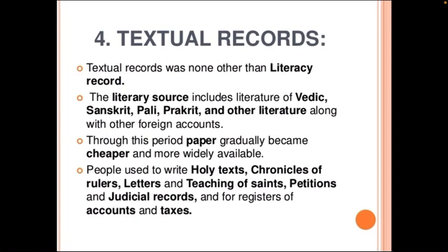Through this period, paper gradually became cheaper and was more widely used. People used to write holy texts, chronicles of rulers, letters, teachings of saints, petitions, judicial records, and registers of accounts and taxes. So paper had become very useful by then.